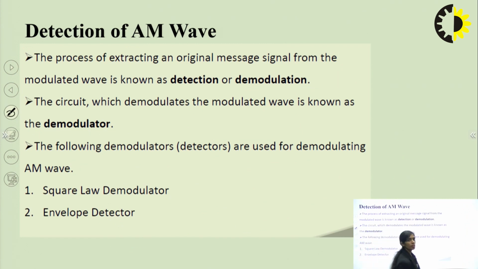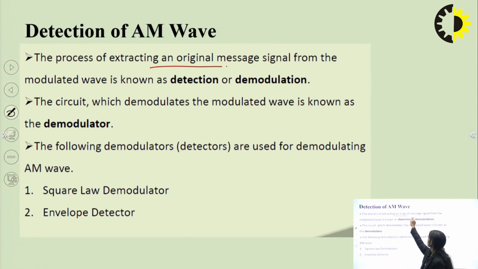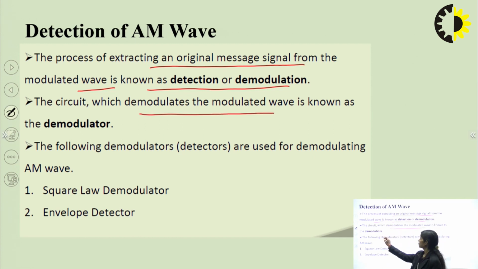After this, we have to detect the signal. That means demodulation of the AM wave. What is demodulation? Demodulation is the process of extracting the original message signal from the modulated wave, and this is known as detection or demodulation. For that purpose also we require some circuitry, and the circuit which demodulates the modulated wave is known as a demodulator.